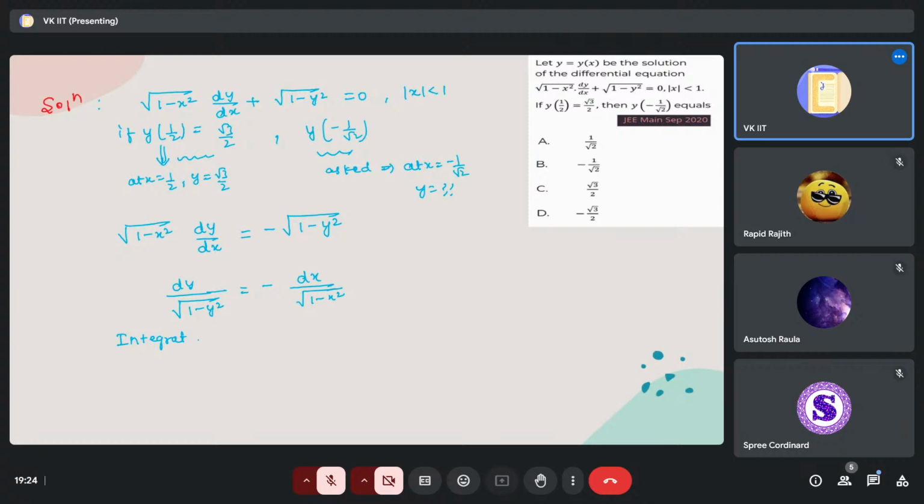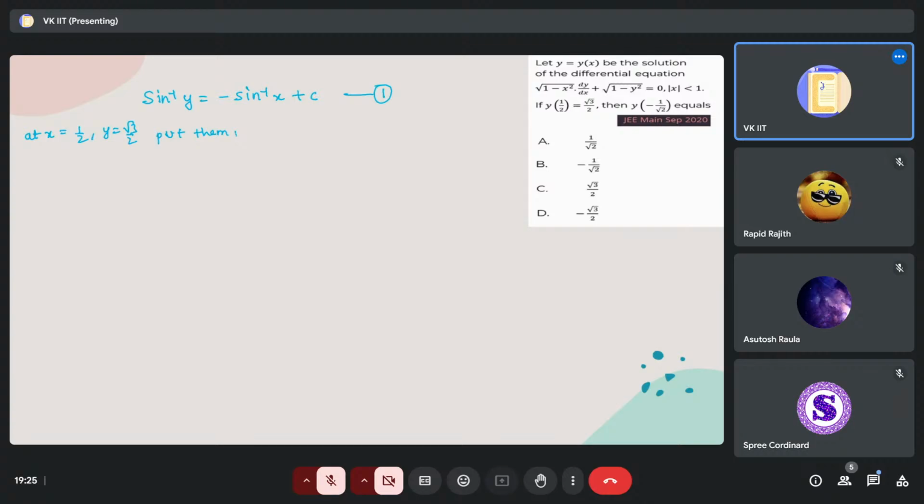Okay, this is clear. Now we can directly solve it. Let's go to the next page. We got the equation sine inverse of y is equal to minus sine inverse of x plus c. Now the conditions are given at x is equal to 1 by 2, y is root 3 by 2. Let's say this is equation 1. Now put them in equation 1.